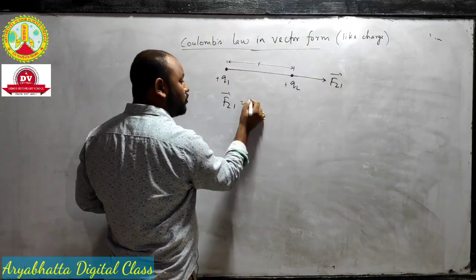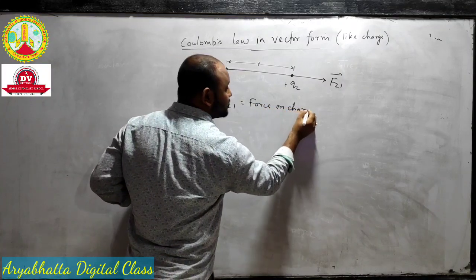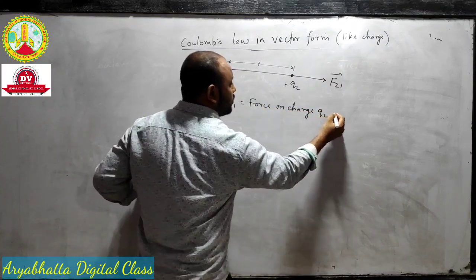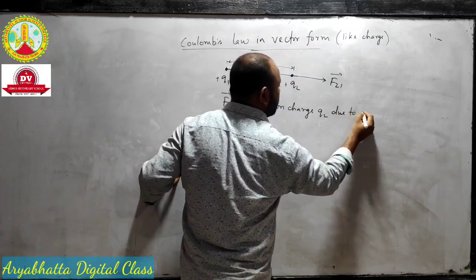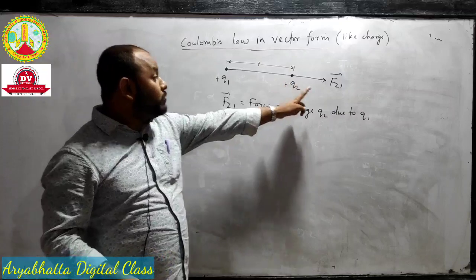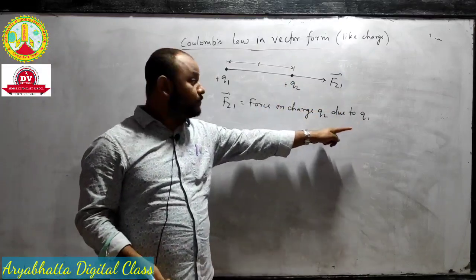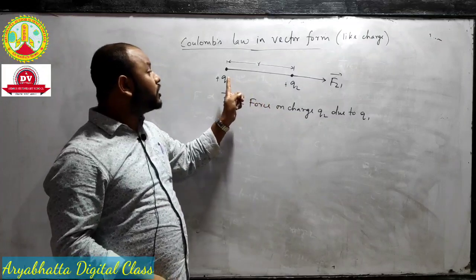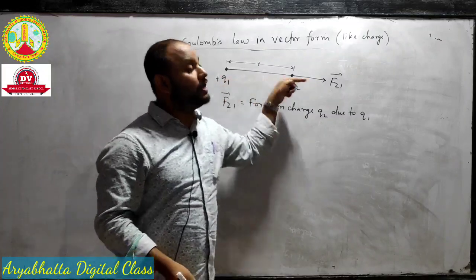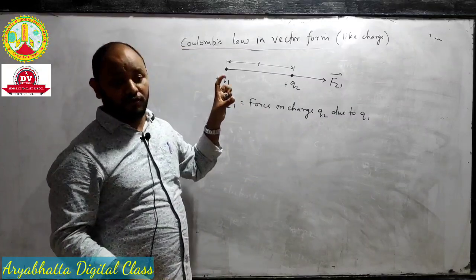F21 means force on charge Q2 due to Q1. That means Q1 is repelling Q2 in this direction.